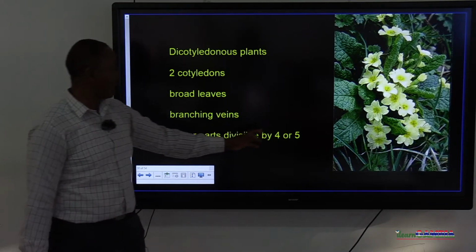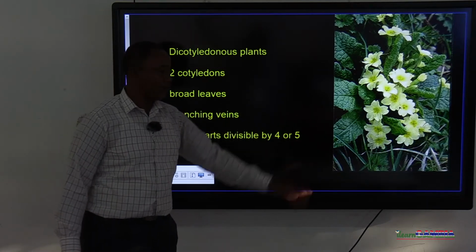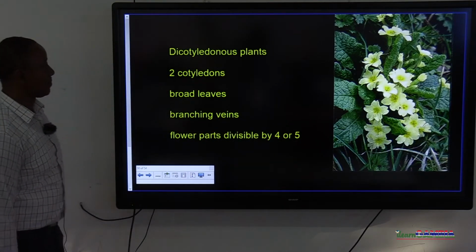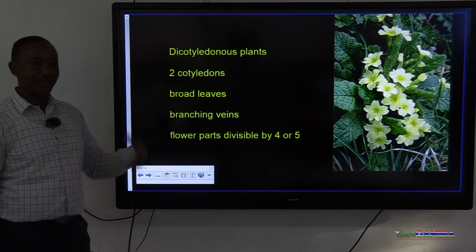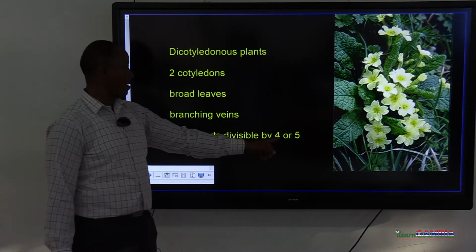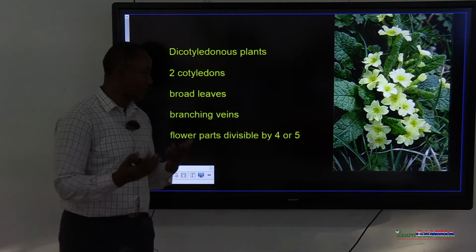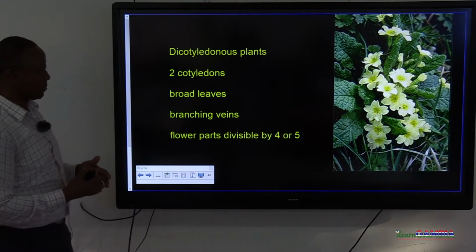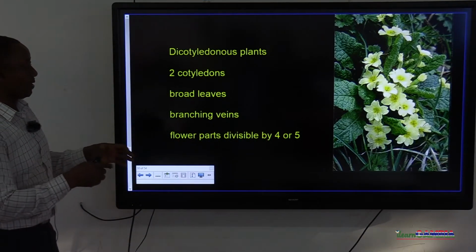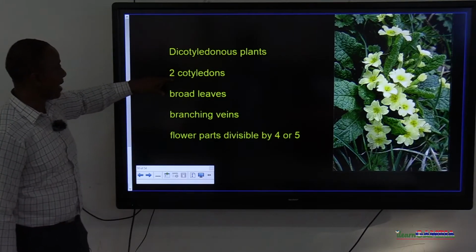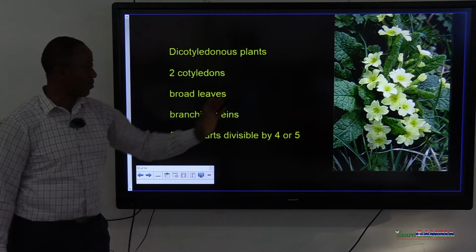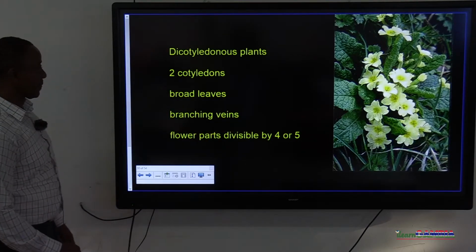So if they're in groups of 4 or 5, you know for certain they are dicot plants. If they're multiples of 3, then those are monocots. But don't forget, 4 and 3 have a common multiple of 12. So if you have one that is 12, you now have to look for other properties to decide whether it is a dicot or a monocot.